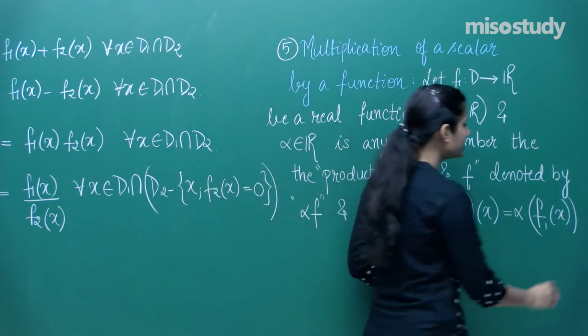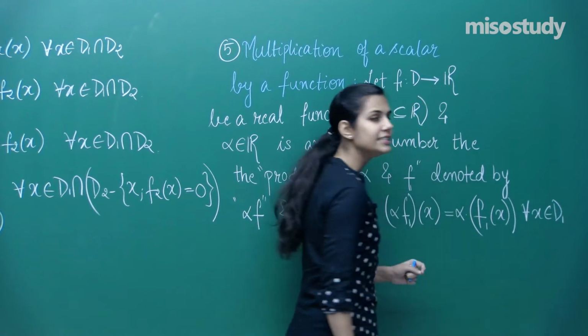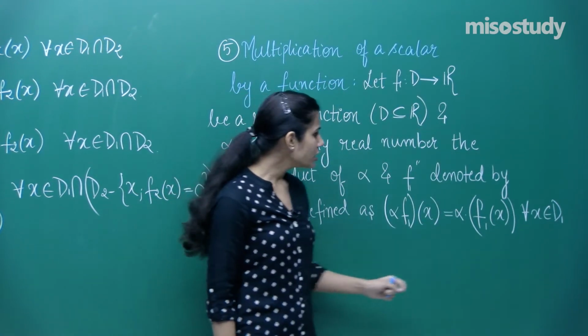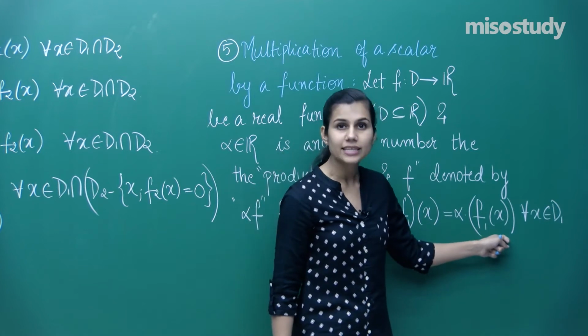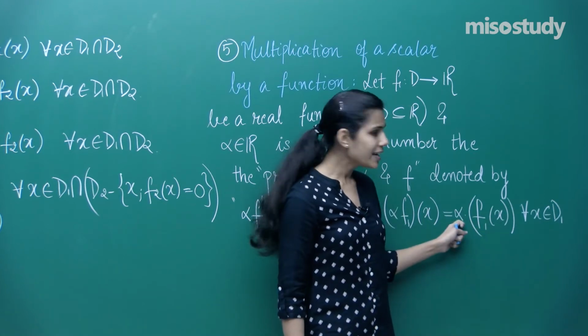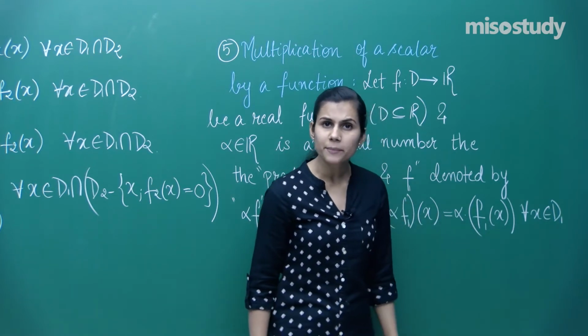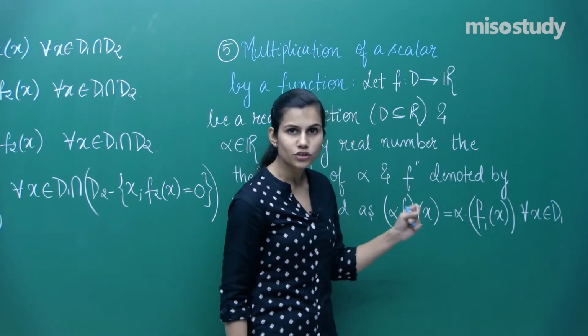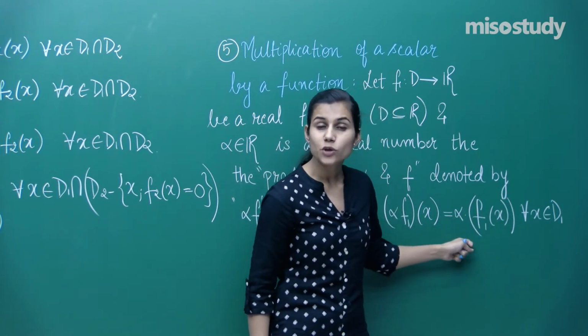And this is valid for every x in D1. Because for every x inside the domain of f1, f1 of x is a real number, and alpha is already a real number. Product of two real numbers will always be a real number, and that is why the only point of concern is that f1 of x should be real, because alpha is already real.